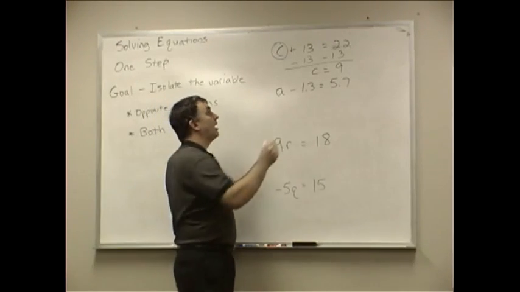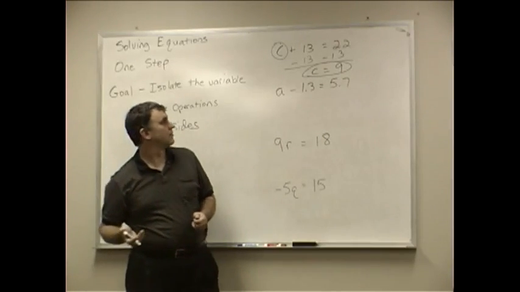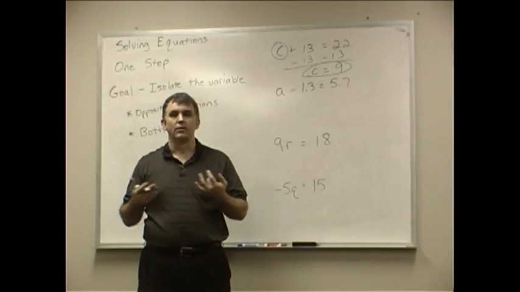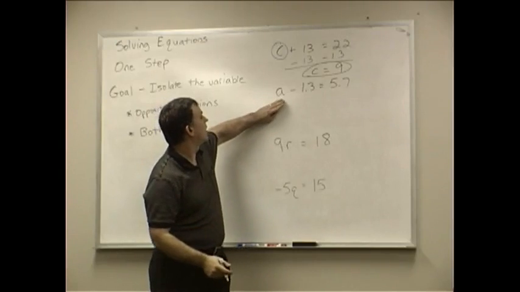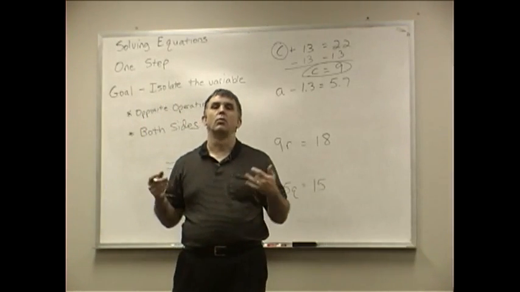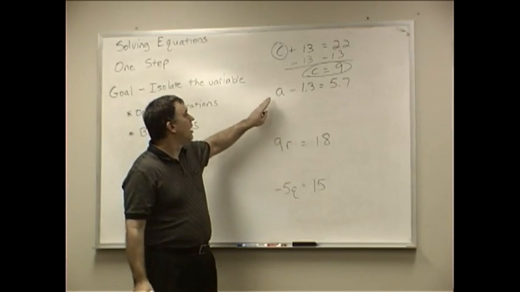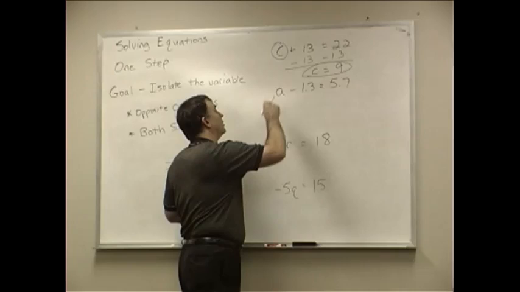Don't just write the 9. You've got to actually state that c equals 9. The 9 by itself doesn't mean anything. All right. a minus 1.3 equals 5.7. Now I've got a subtraction. Again, the variable is right here.